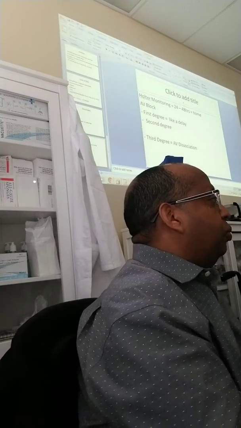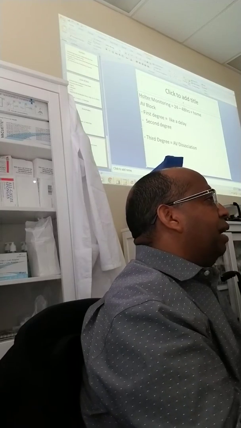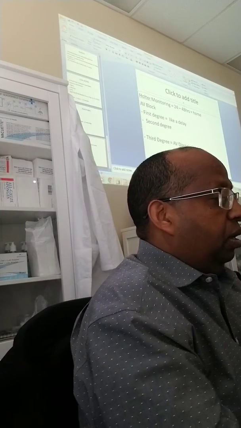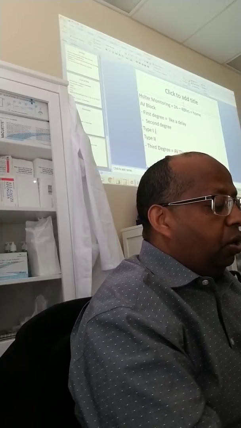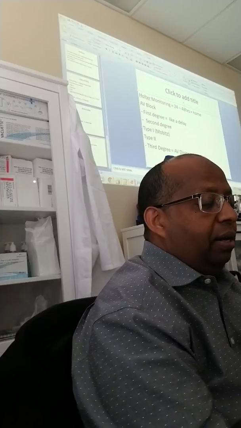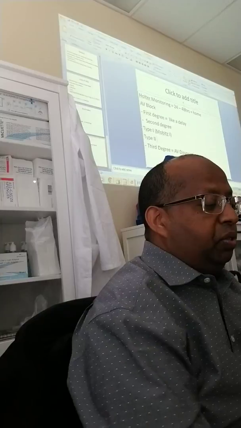Second degree, we have two kinds: type 1 and type 2. Type 1 is called Mobitz 1, and type 2 is called Mobitz 2.